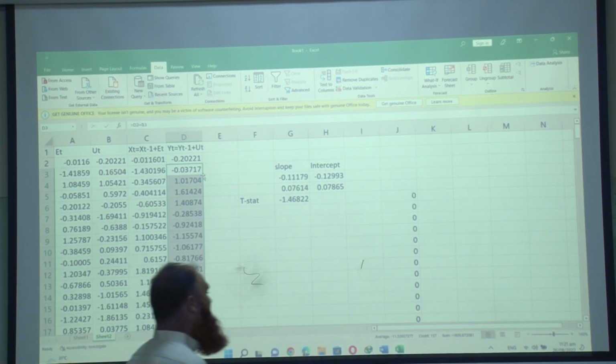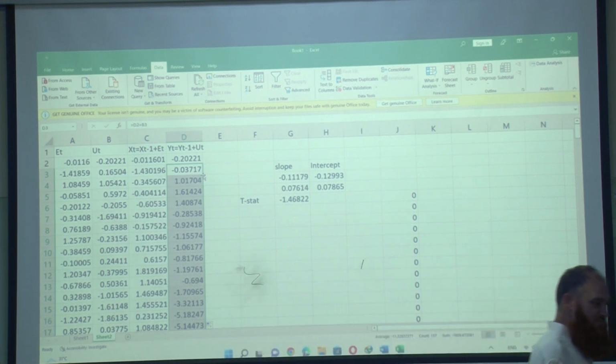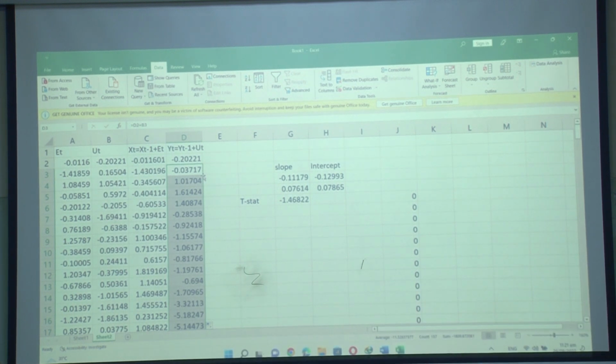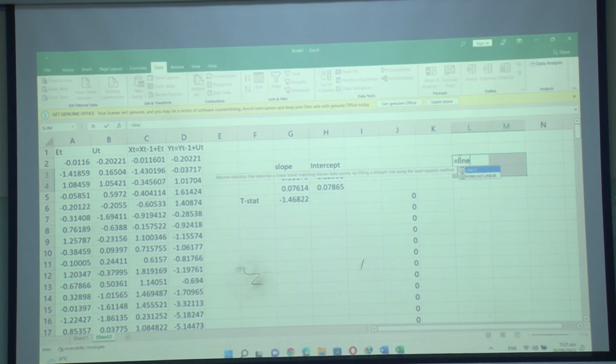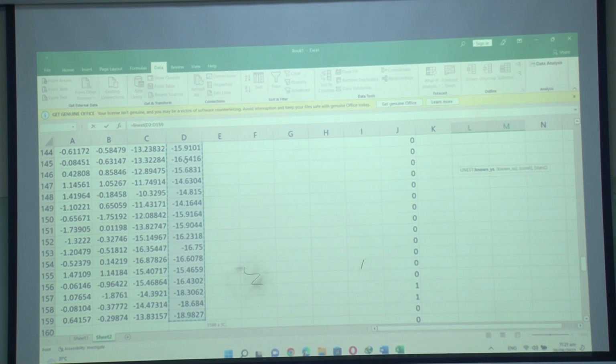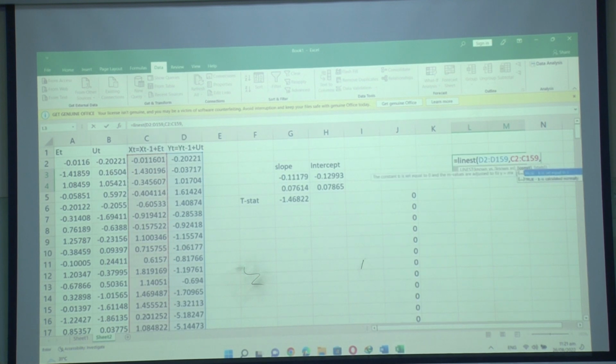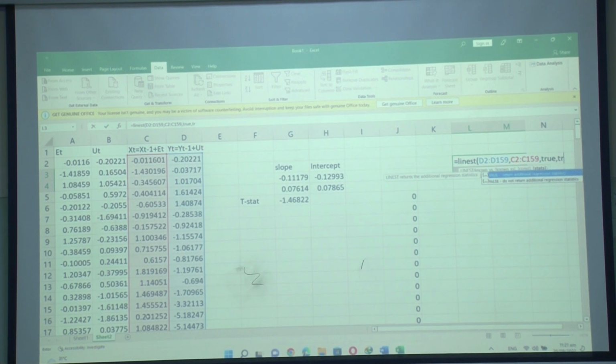But now let me run the regression for this data set. Here let me calculate again by the linest command. This is equal to linest. I am taking this y as the dependent variable and x as the independent variable, and then true and again true, and then bracket close, and then shift control and enter.